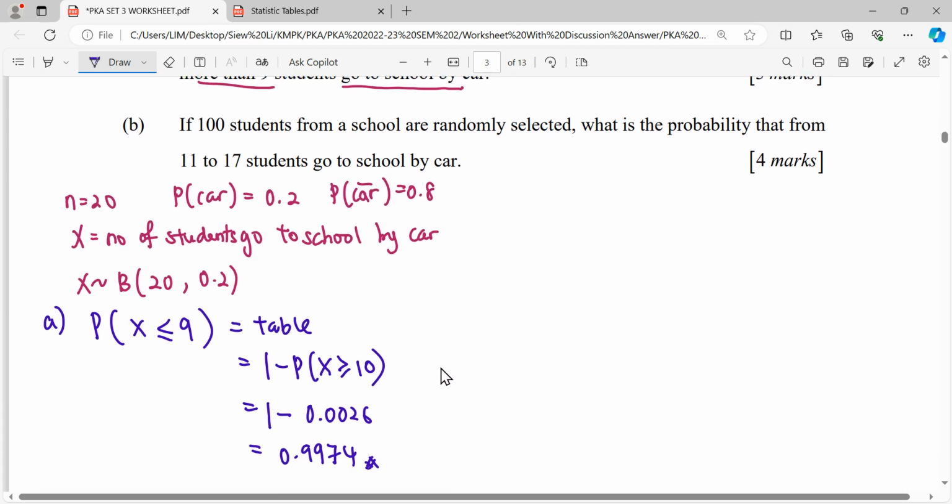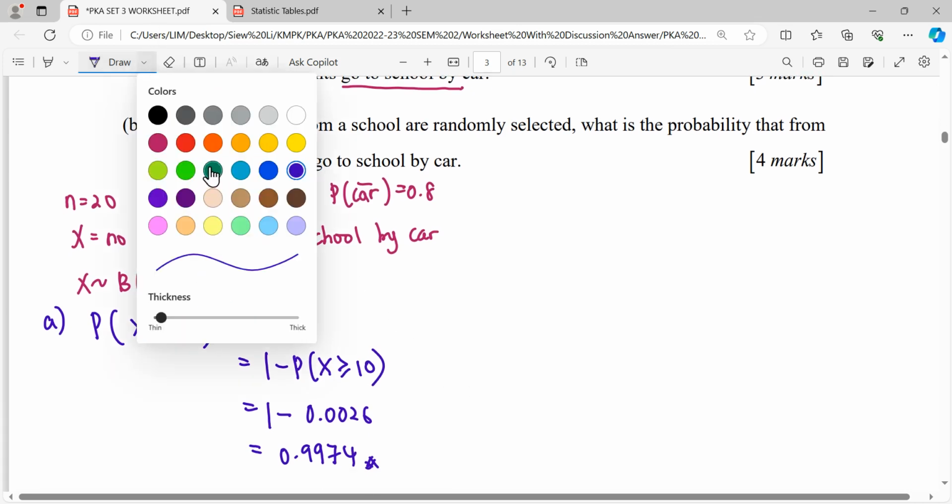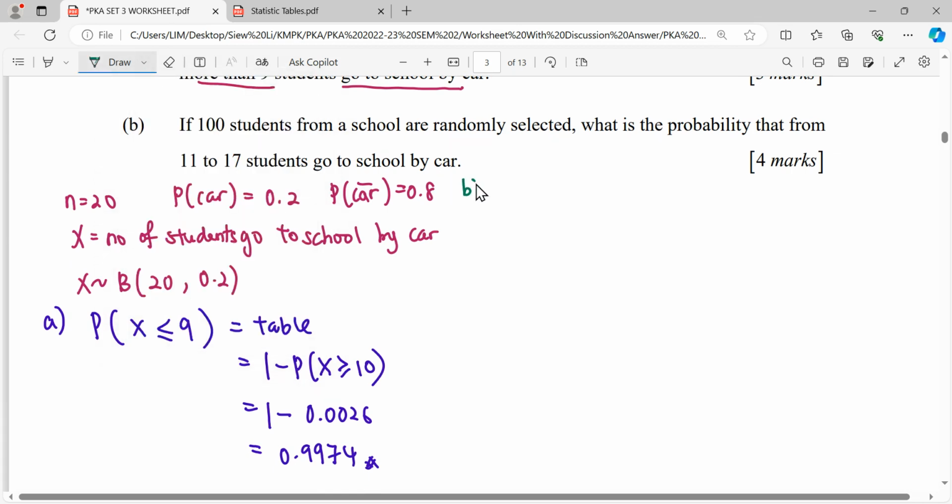Then we come to question B. Now the sample becomes 100. What is the probability from 11 to 17 go to school by car? So the distribution binomial changes to sample 100, probability of going to school by car is 0.2.